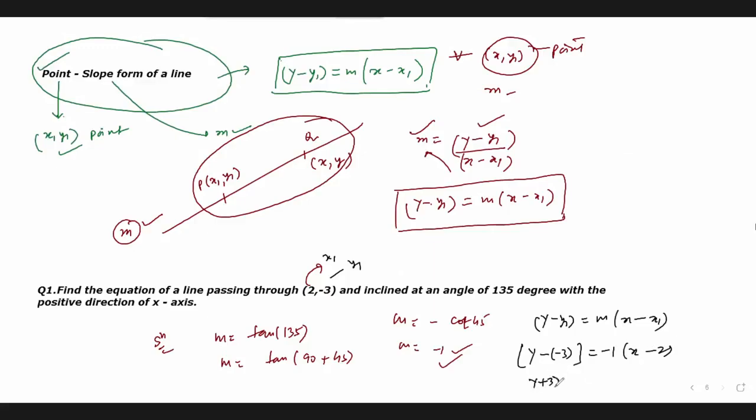So y plus 3 is equal to minus x plus 2. So x plus y plus 1 equals 0. This is my required equation. So this form of a line is known as the point slope form of a line. Let us do one more question related to it.